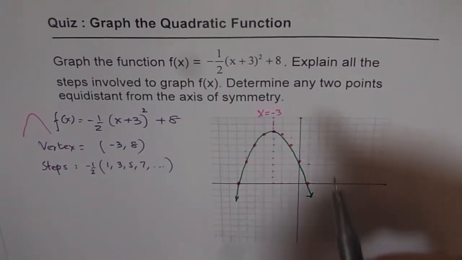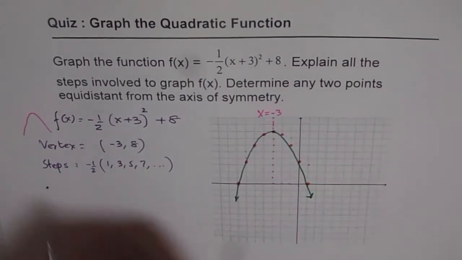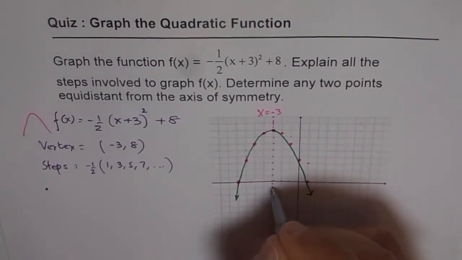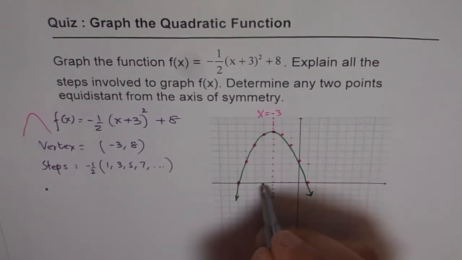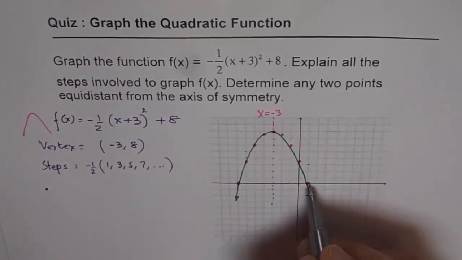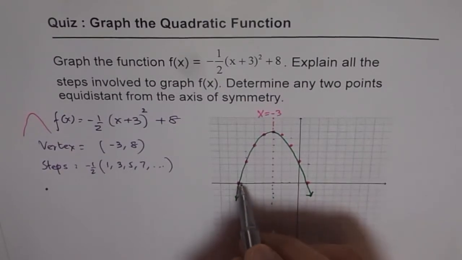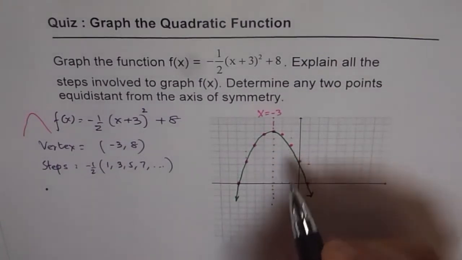And then the next part is determine any 2 points equidistant. Now, equidistant points are points which are equidistant from the axis of symmetry. So you could label these 1, 2, 3, 4. This is 4 units to this, and this is 1 unit to this. So you can write that as your point also. You could actually write any 2 points you want as symmetric.